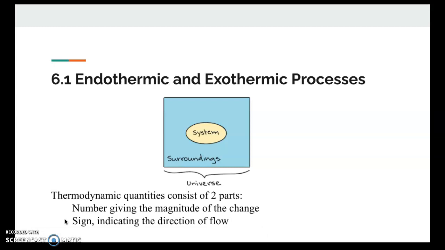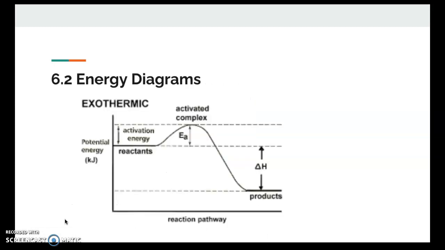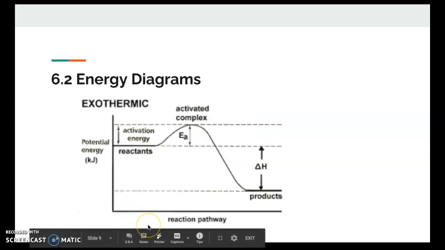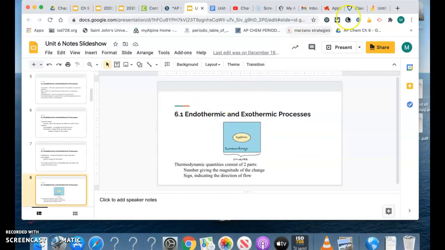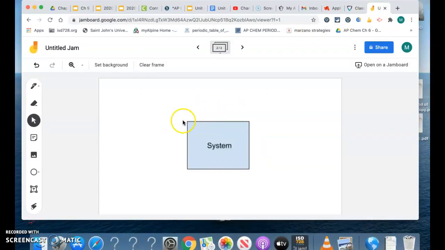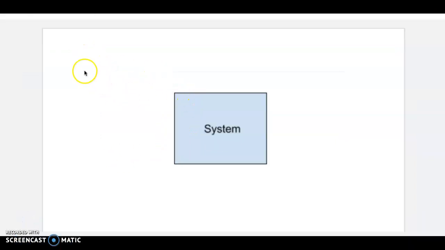Okay, so that's all for that section of notes, but I want to exit out of here and go back to this diagram that you have in your notes, and we're going to add a little bit to this.